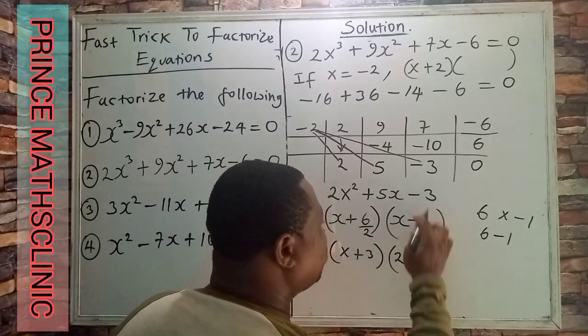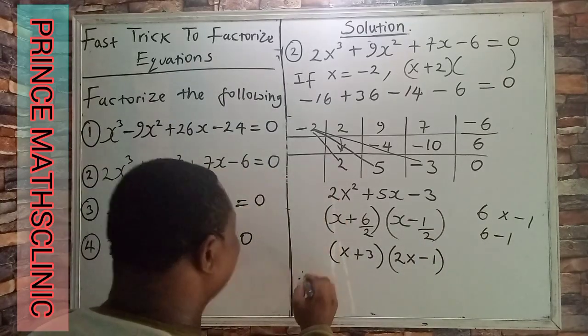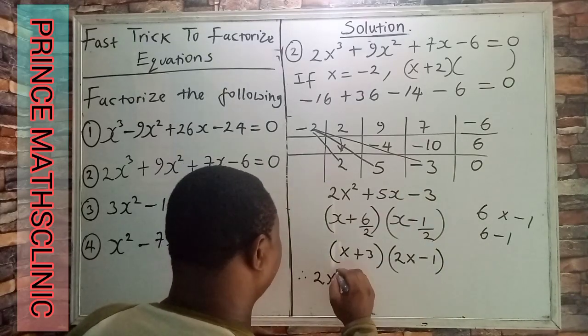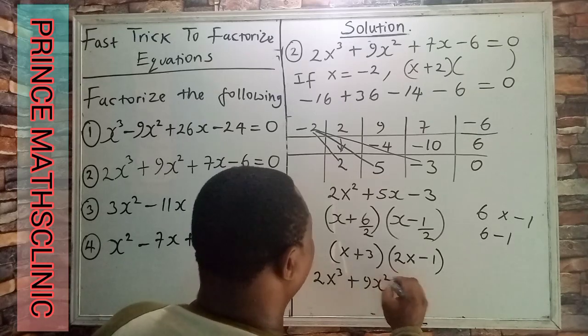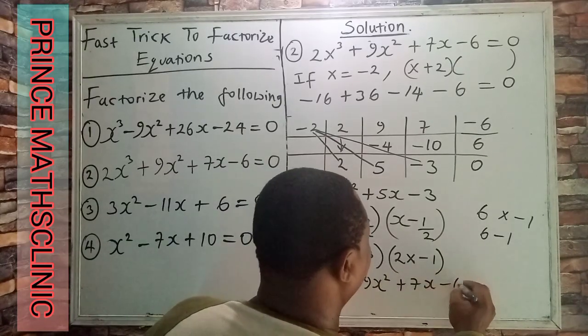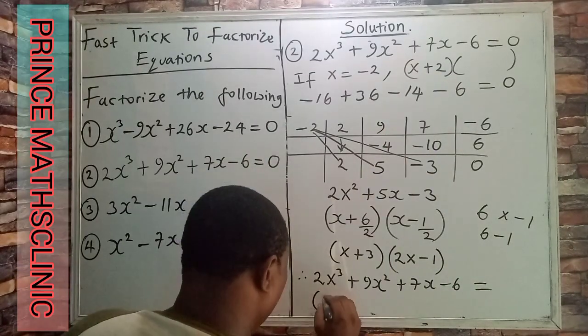Then if I multiply 2 times half, I will get 1. So it then means that 2x to the power of 3 plus 9x to the power of 2 plus 7x minus 6 is the same thing as the first factor, which is x plus 2.